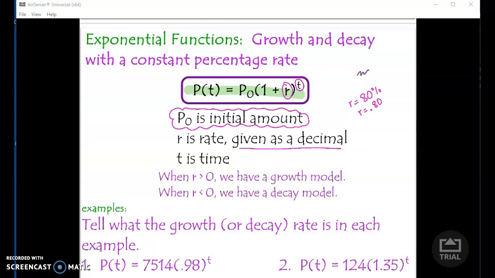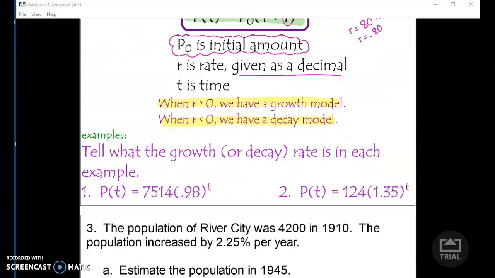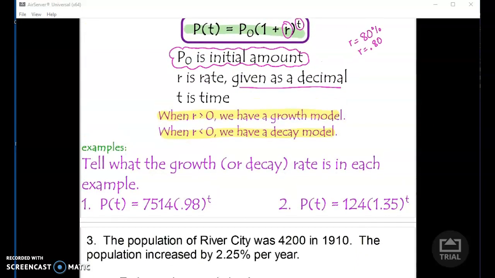So when r is greater than 0, we will have a growth model. When r is less than 0, we will have a decay model. So think about growth and decay and what those graphs of exponentials look like. For these examples, we want to tell whether each is growth or decay, and we want to give what that rate is. So for the first one, we have 7,514 times 0.98 to the t.